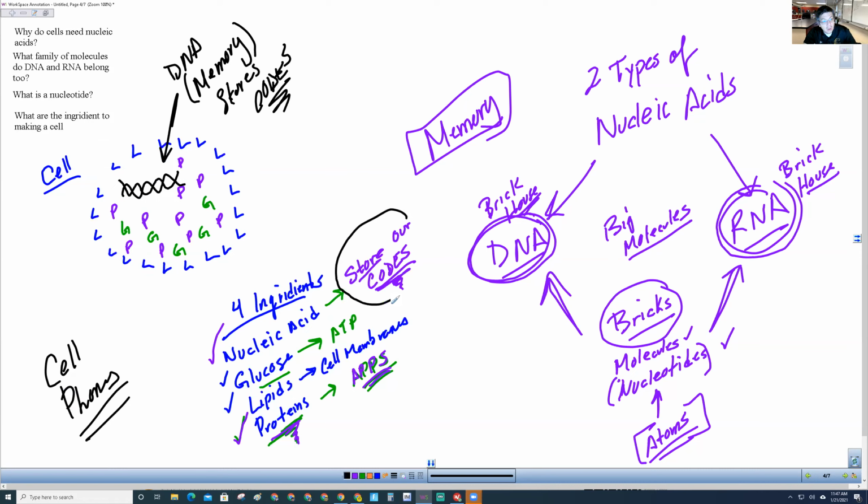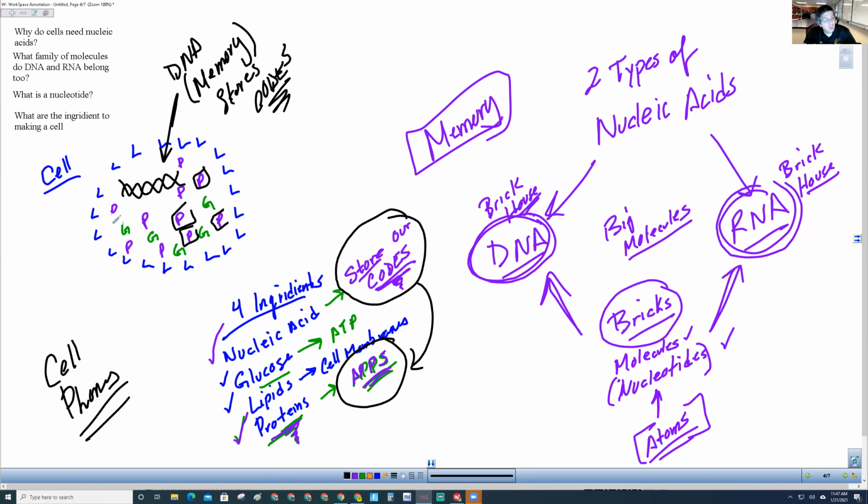You need codes so that you can have what? Apps or proteins. Exactly. So what are the codes in DNA used for? So the cell can make what? Protein. The proteins, exactly. So it can have all its apps.